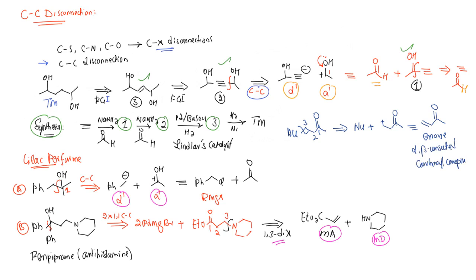So this is an example of Michael addition. As far as the nucleophile is concerned, this is the Michael donor and the enone is the Michael acceptor.